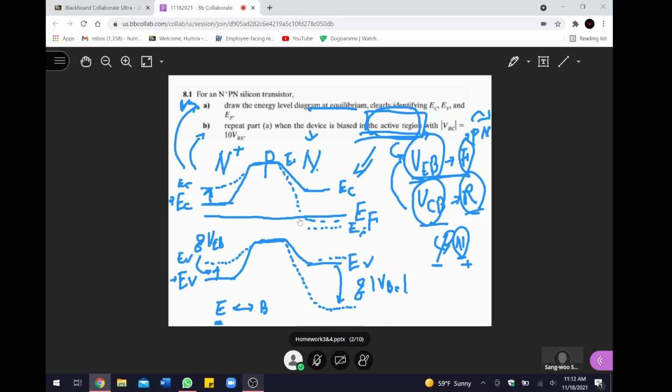So the only thing you have to keep in mind is this condition, whatever region is applied. Now, the second thing you have to understand is that when the junction is forward bias, the energy goes down. Reverse bias, energy goes up.